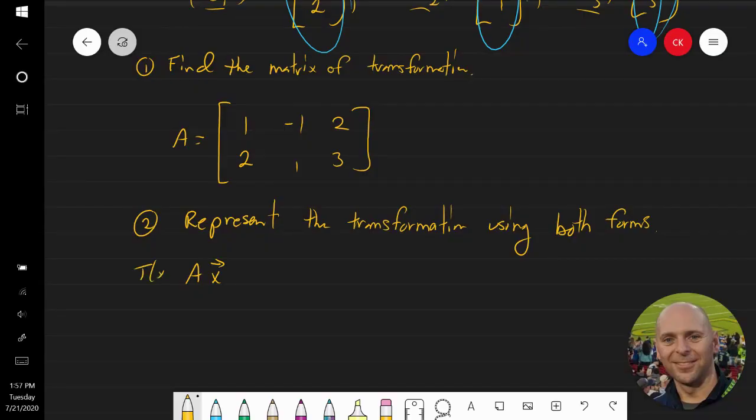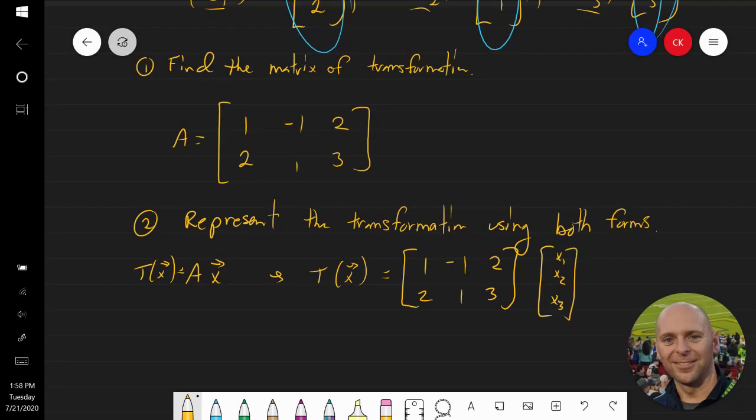So T of x being equal to A times x. So that means that our transformation, T of x, is just going to be equal to 1, 2, minus 1, 1, 2, 3, times a vector from R3, x1, x2, x3. So there's the first representation that we can create.